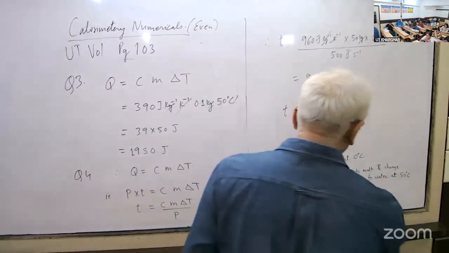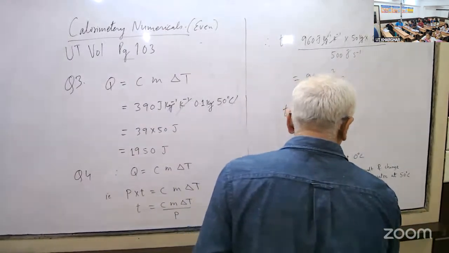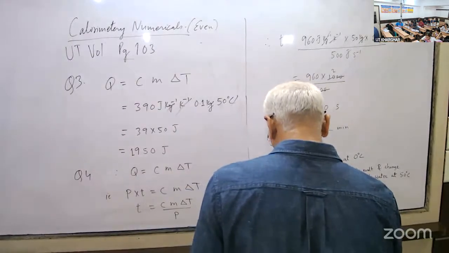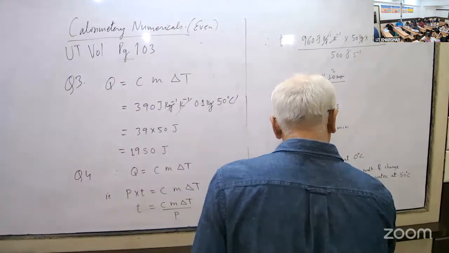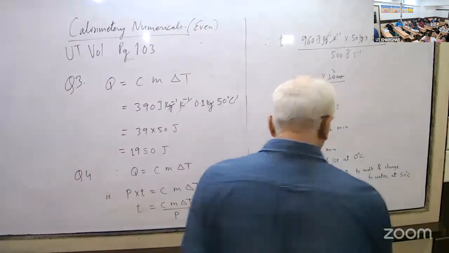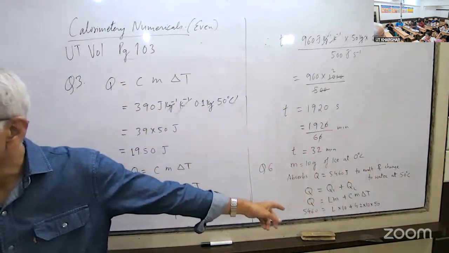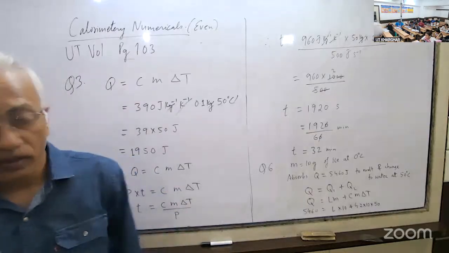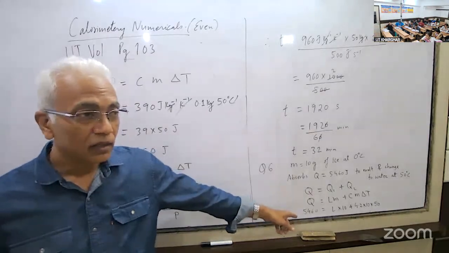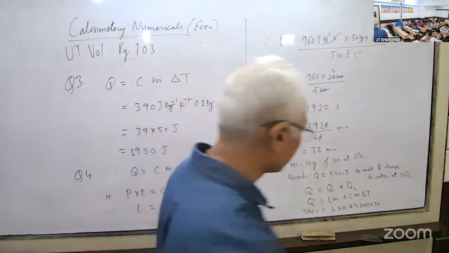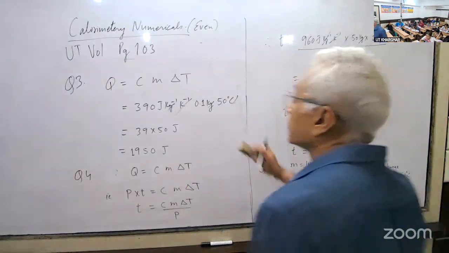Oh, this you have to find out. Q is 546. You have to actually find L in this question. So when you find L, it should be 336. Just check that.